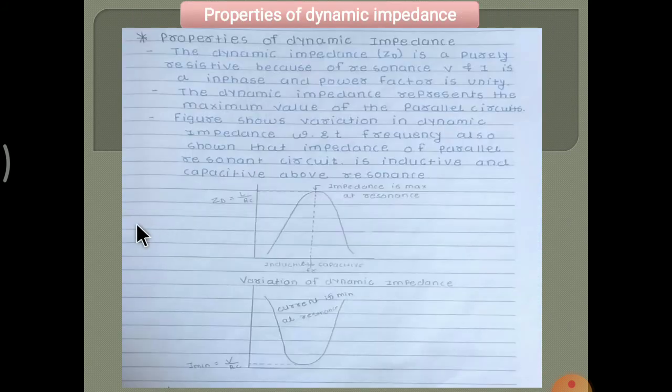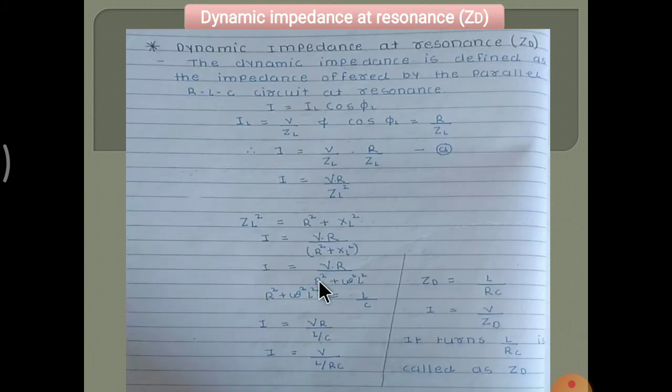So we put this value here: R square plus omega square L square is equal to L upon C. So I is equal to VR upon (L upon C). Then I is equal to V upon (L upon RC). Here R is written inversely.